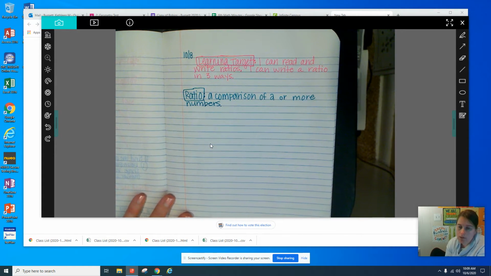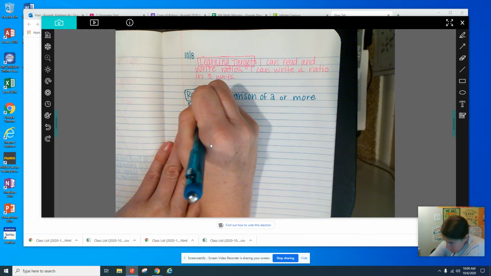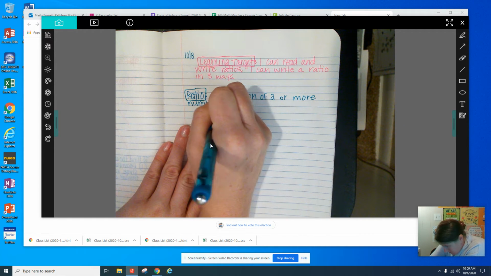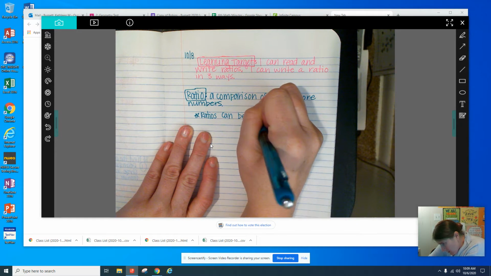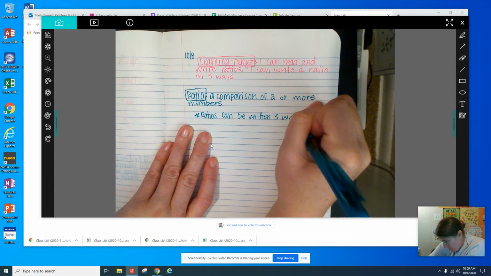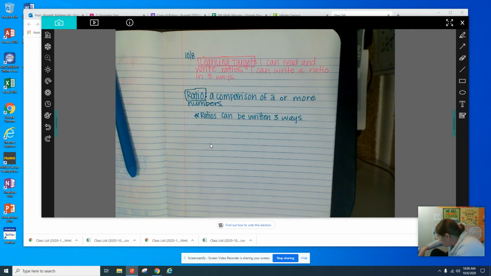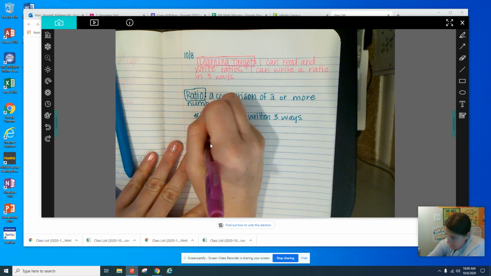Now notice that our learning target says that we can write it in 3 different ways, and you're probably wondering what that means. So make a note that ratios can be written 3 ways. So the first way that you can write a ratio is as a fraction.